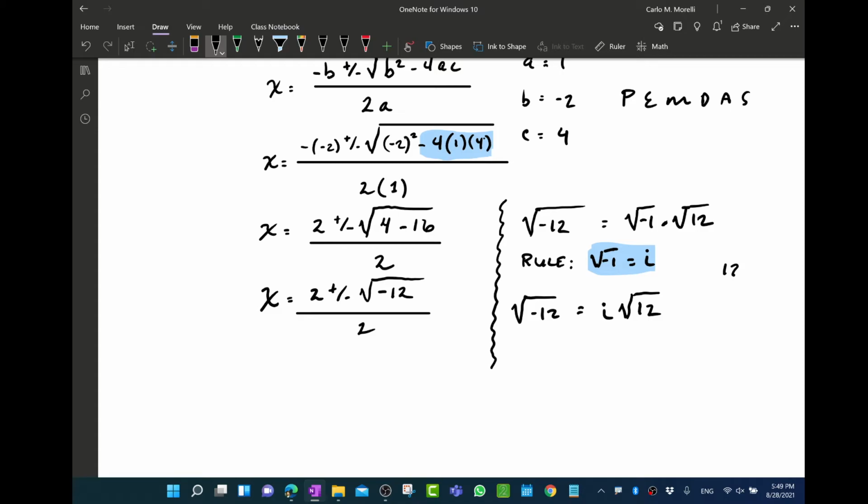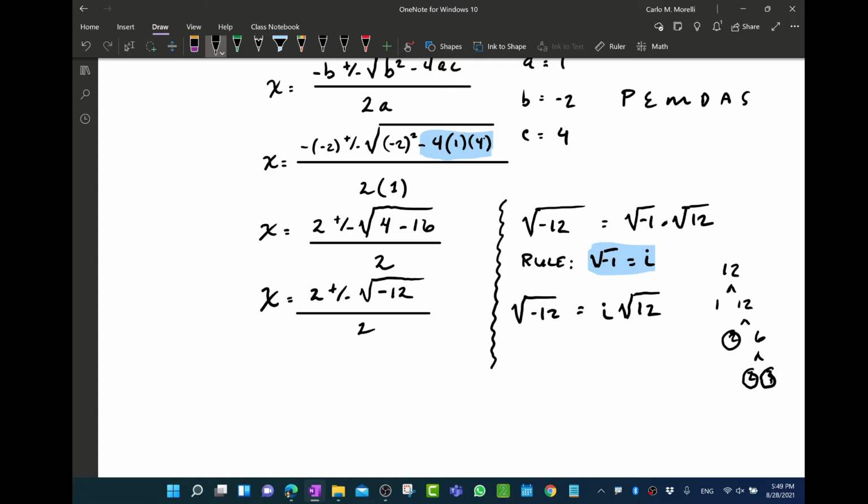So we're going to take 12 and we're going to break it down. So first we've got 1 times 12. We're trying to break it down into prime factors. 1 is not a prime factor, but I just write it out anyway. Then we have 2 times 6. And then we have 2 times 3. So here are your prime factors: 2, 2, and 3.